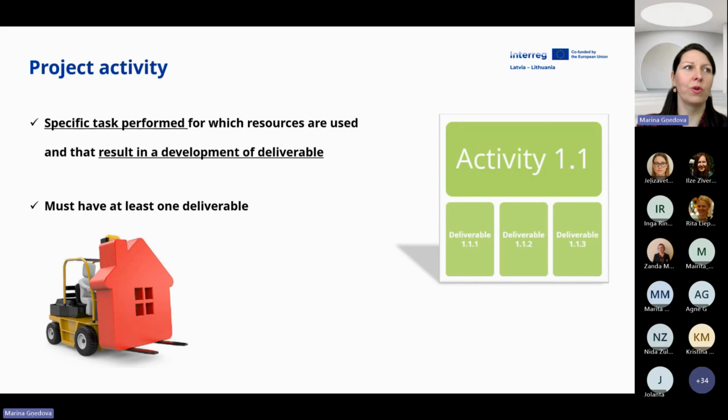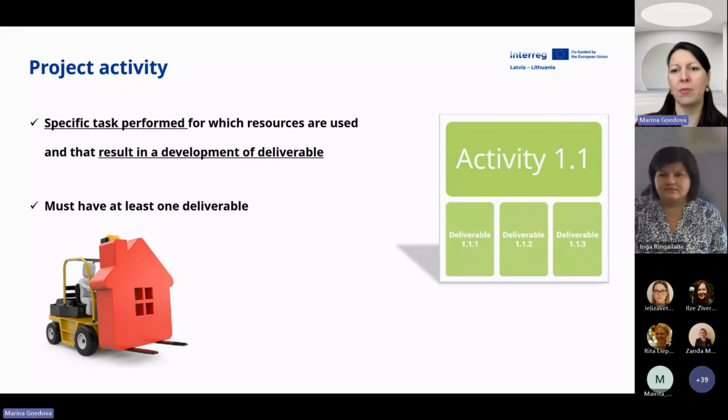However, there is no brilliant recommendation on how to plan activities and deliverables. This is all specific case by case for each project. Some partners are asking us what the perfect structure is. There is no such thing. Just use your logic so that we understand how activities are planned and what will be the result of each activity.